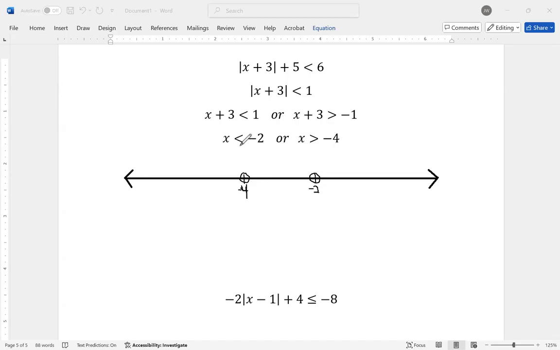And then x needs to be less than -2, along with x being greater than -4. So notice what area I get. I get the area of this middle region here between -2 and -4.